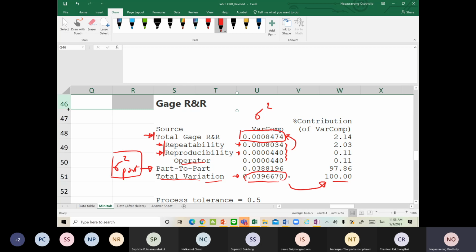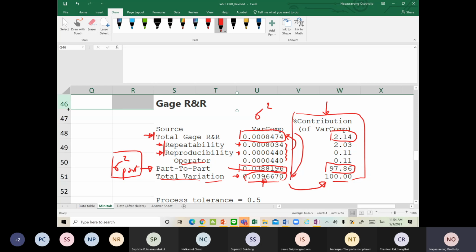Then for each number, you compare it with the total variance, and you will get this column, percent contribution. You will see that 97% comes from the part and 2% comes from the measurement system.